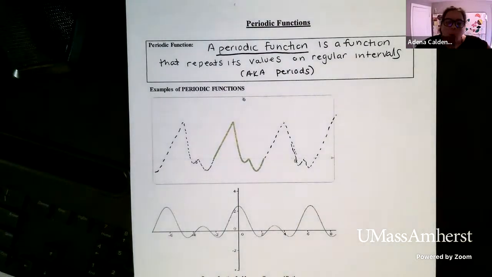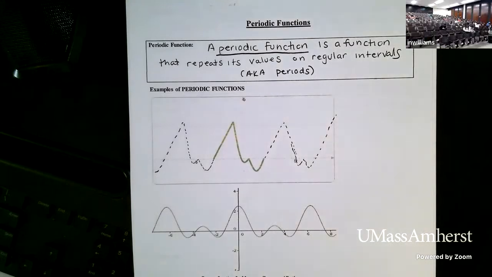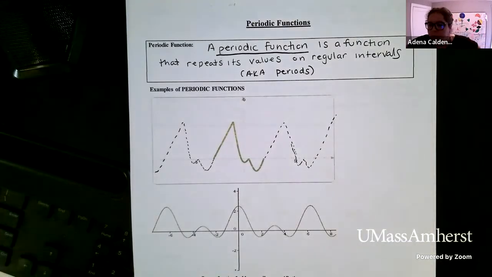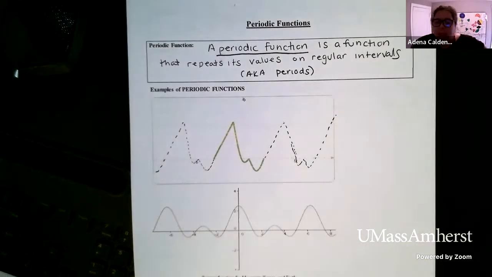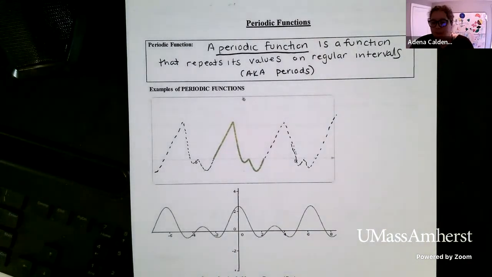There's a whole lot of different things that happen. Weather cycles, the moon going around the earth, these are things that are pretty periodic: when you plot their position, you see that it's repeating. The value of periodic functions is that if we can tell that something is repeating, that allows us to predict what will happen at a later time.